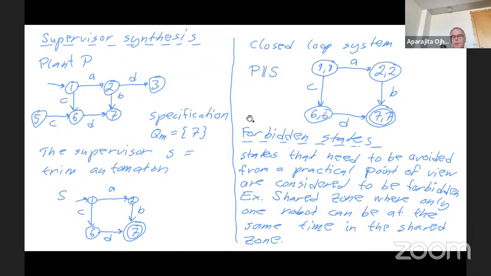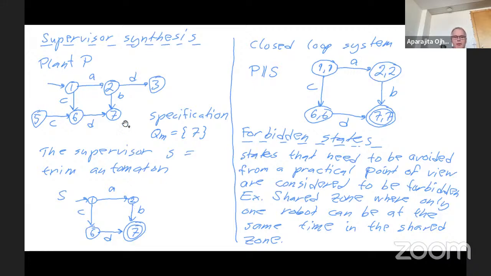And if you then combine these two, you get the synchronous composition, and that includes then state 1 from the plant and state 1 from the supervisor. By event A, you get to state 2 in both the plant and the supervisor.